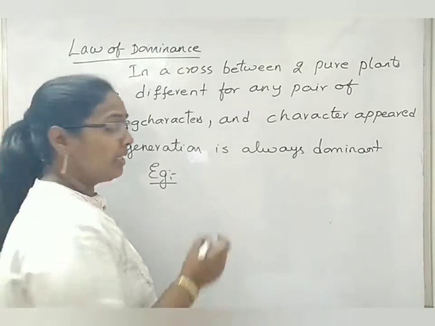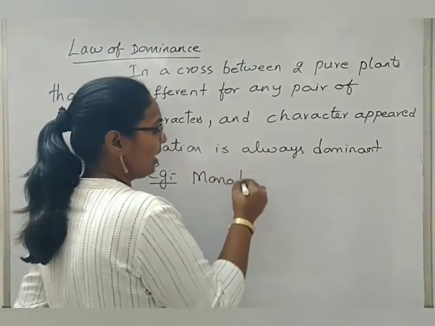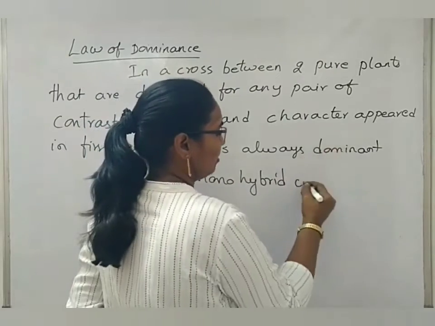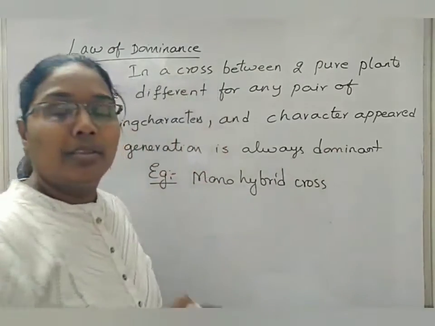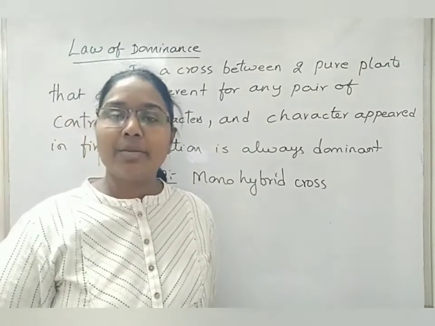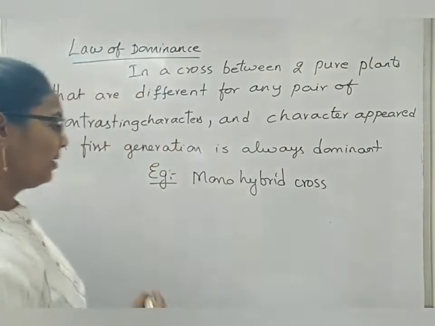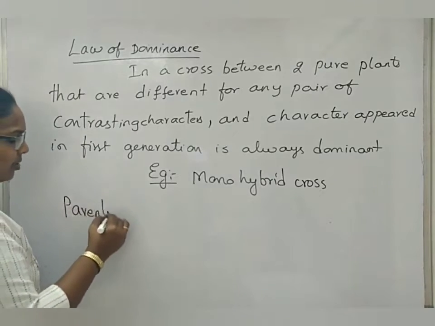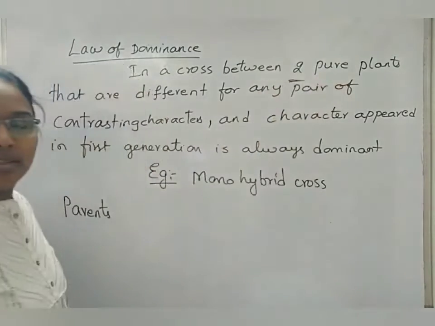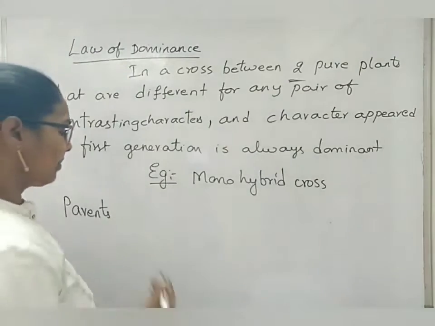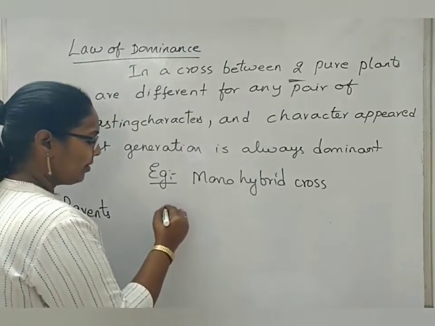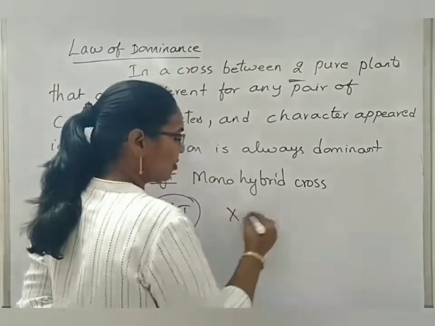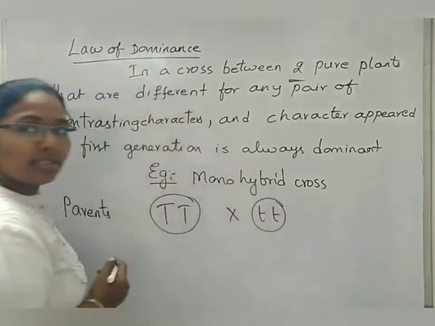So we'll take an example here, that is the monohybrid cross. So the monohybrid cross is considered as an example for the law of dominance. If we take two plants, we are considering those two plants as parent 1, which has homozygous dominant alleles, which is crossed with homozygous recessive alleles.